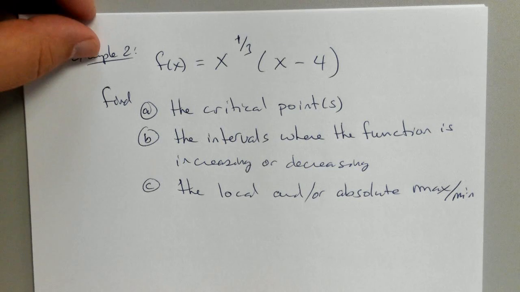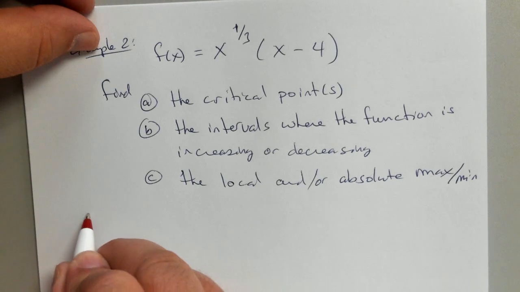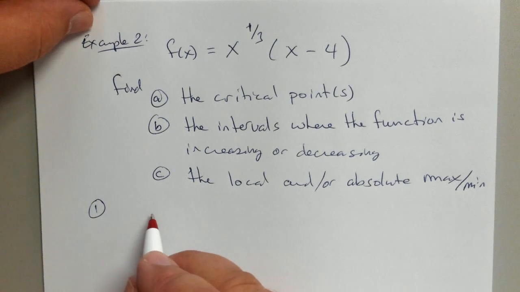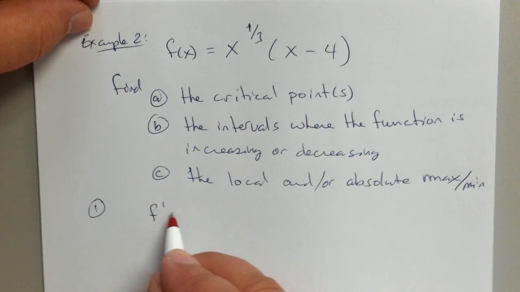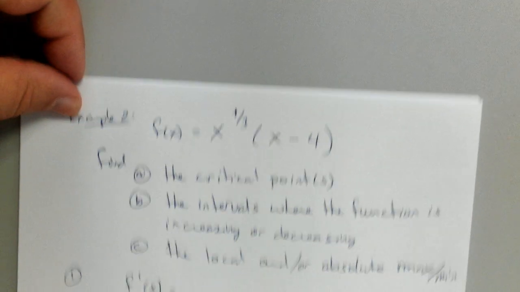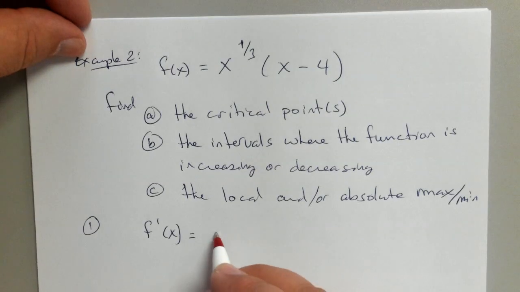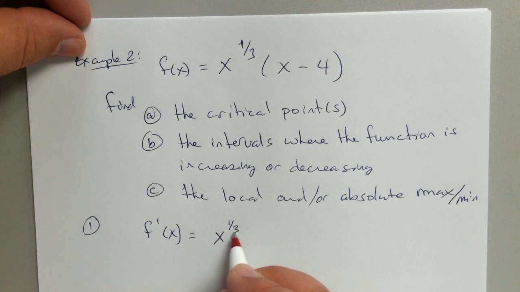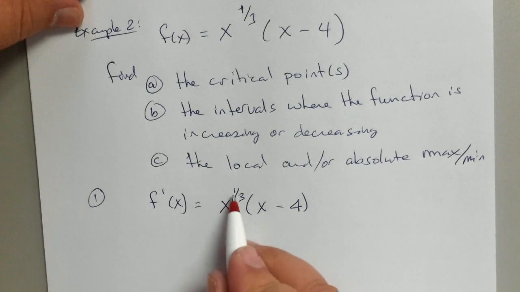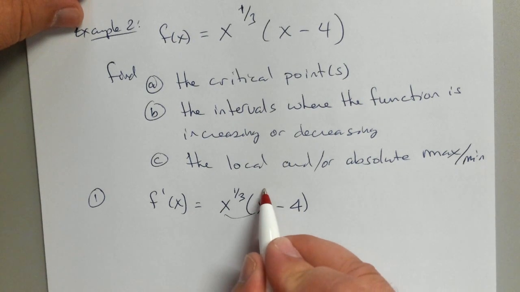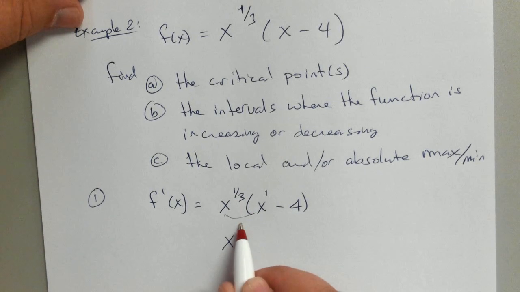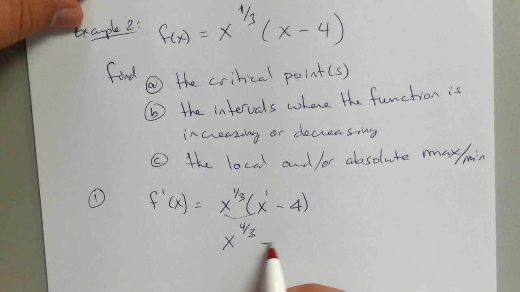What's the first thing we have to do? Find the first derivative. So we can take these two and multiply them together. You add the exponents and get 4/3.